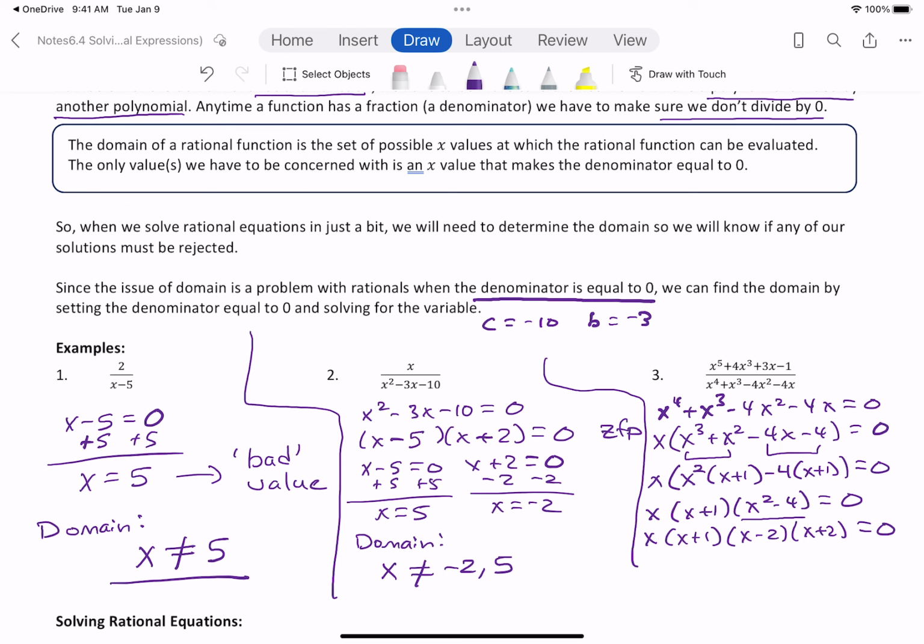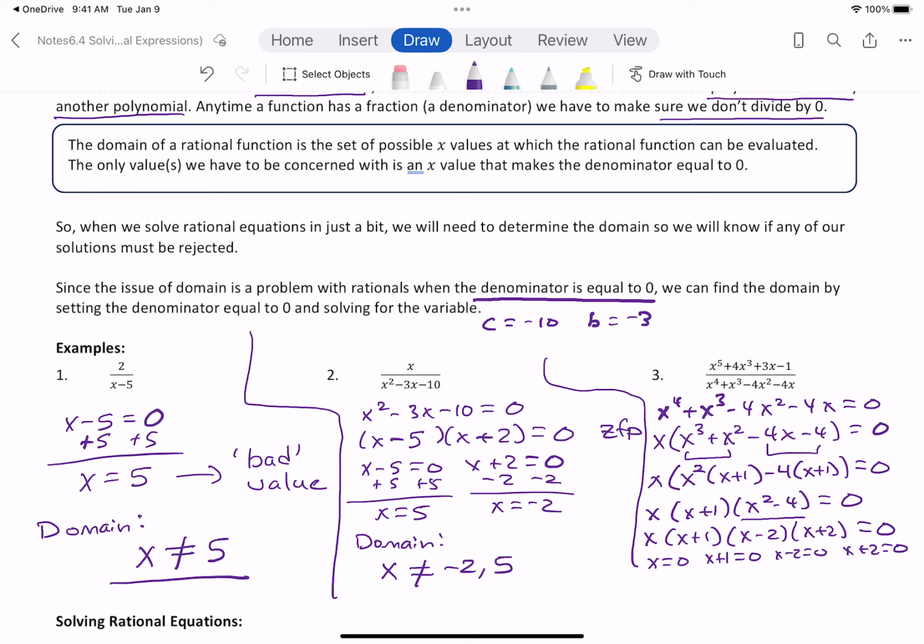And now we use the zero factor property. We'd have to set each one of those 4 factors equal to 0. So we'll let x equal 0, x plus 1 equal to 0, x minus 2 equal to 0, and x plus 2 equal to 0.